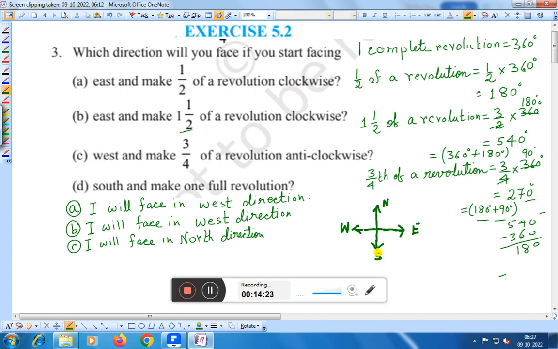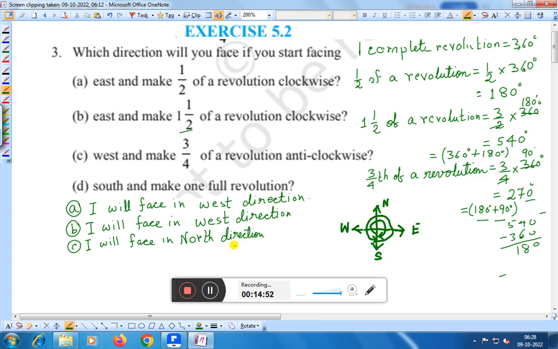Now the question is, you are facing south and make one full revolution. Full revolution means how much degree? 360 degree. You can go clockwise also. If you go clockwise on full revolution, then again you are coming to the same point, that is in south direction, right? If you go in the anti-clockwise direction, then also you are coming to the same point, that is south, right?